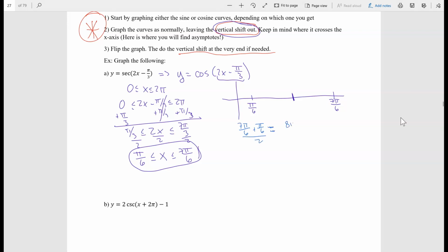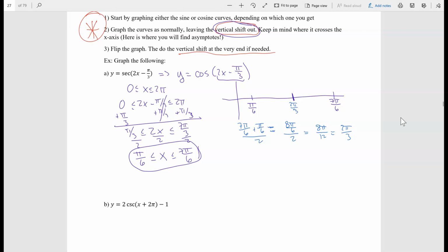That's going to give me 8 pi over 6 divided by 2, which gives me 8 pi over 12. Divide both top and bottom by 4. What I'm going to get is 2 pi over 3.